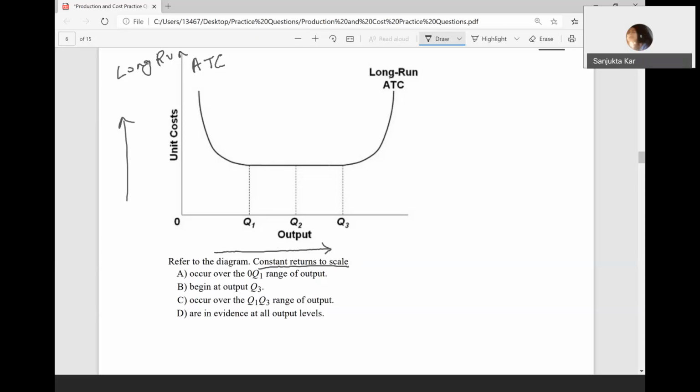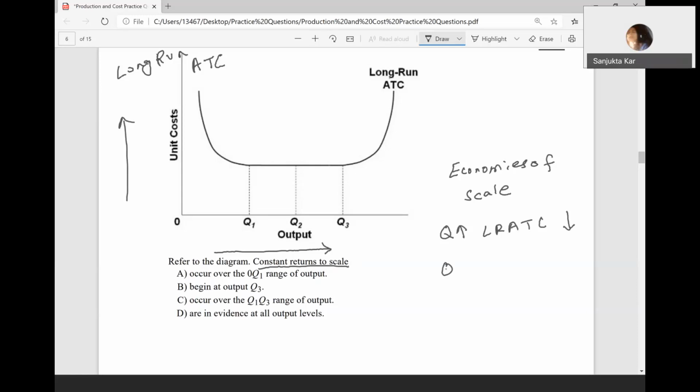Now over here we have three concepts. One is economies of scale. This means when the output increases, the long run average total cost of production goes down.